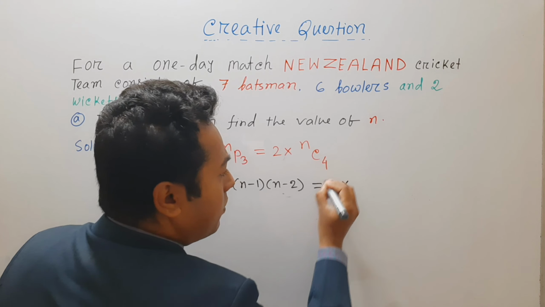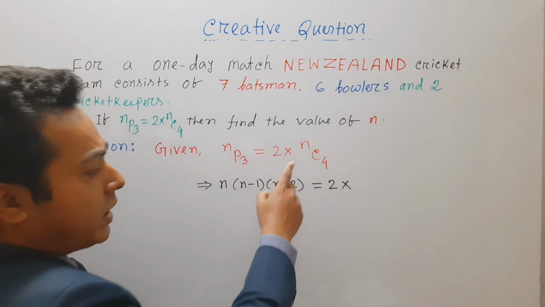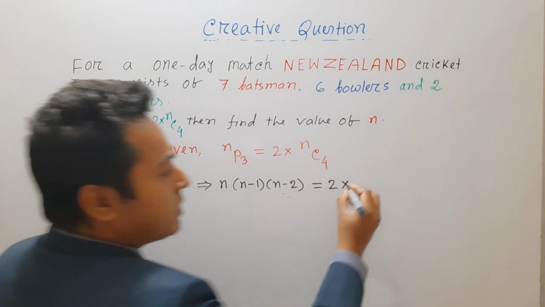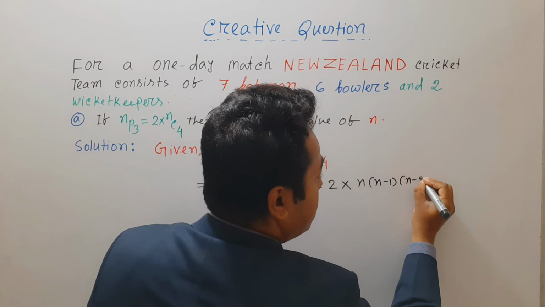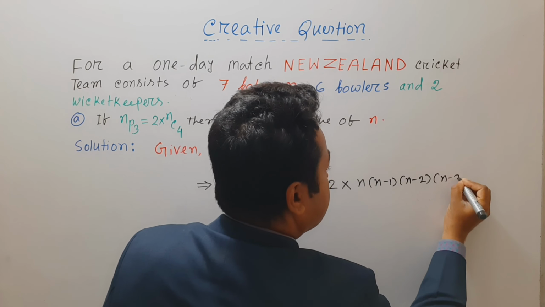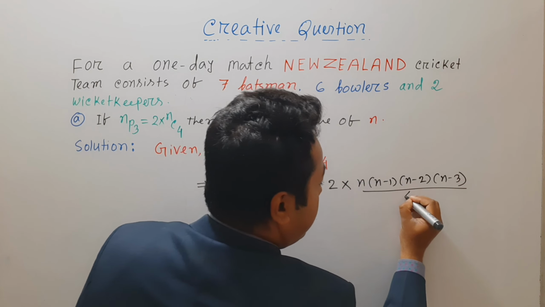And 2 into, for the combination here this is 4, so we have to write the product of 4 numbers, which is n, n minus 1, n minus 2 and n minus 3. For the combination, the denominator will be factorial 4.